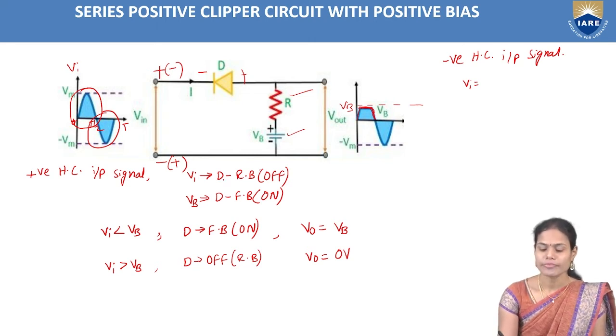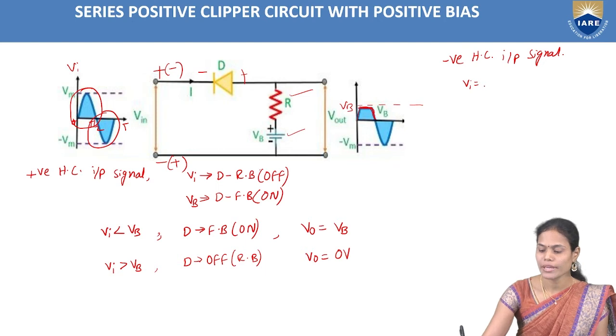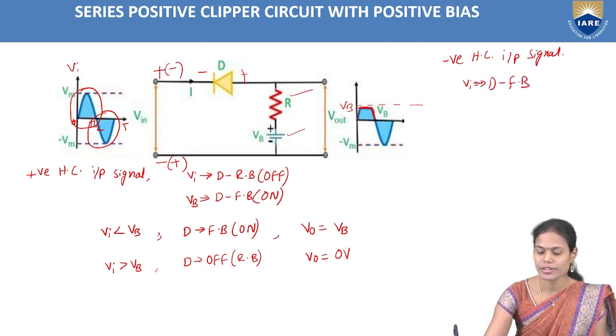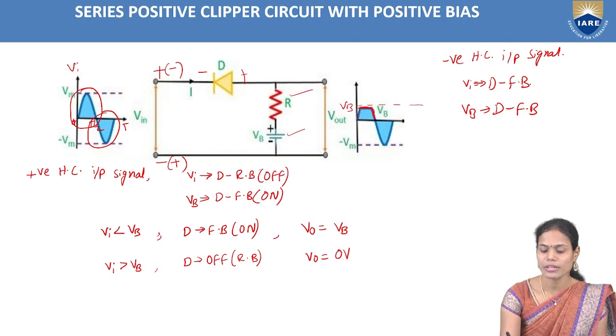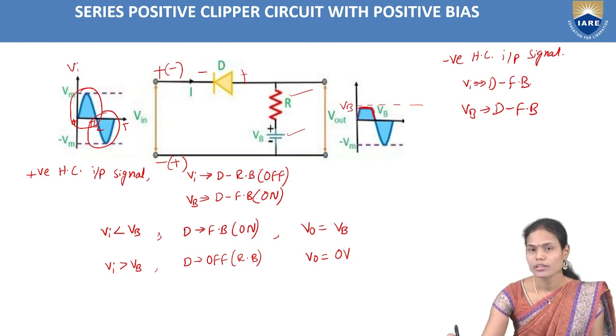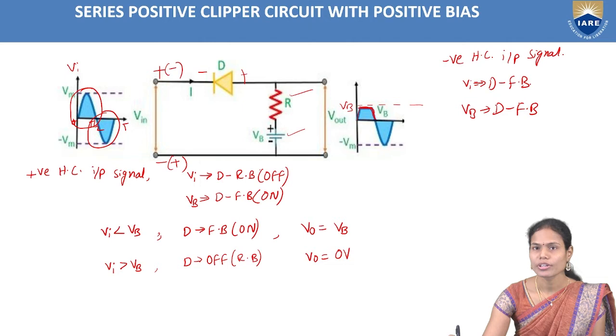So at this time, VA is making the diode forward biased, and also VB is making the diode forward biased. Why? Because for the cathode terminal, we are providing the negative voltage. For the anode terminal, we are providing the positive voltage. So both the voltages are making the diode forward biased.